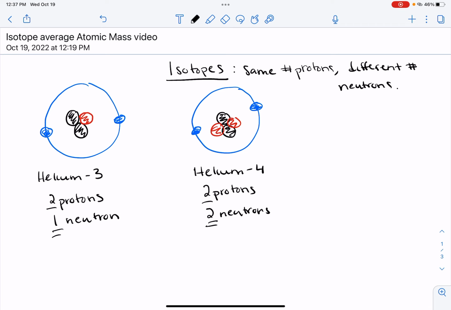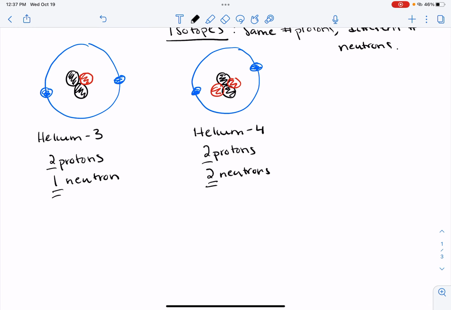Okay? You could also represent this with an isotope symbol. So sometimes you see this written out. This is like the name of the isotope. You can also see an isotope symbol. So isotope symbols have the mass number on top and the atomic number on the bottom, okay? So for example, for helium-3, we would write this as helium, 3 on top, 2 on the bottom.